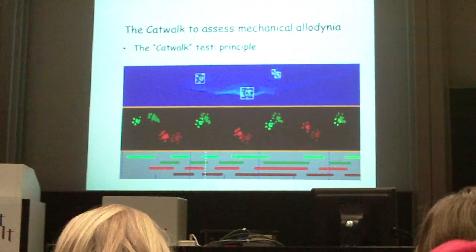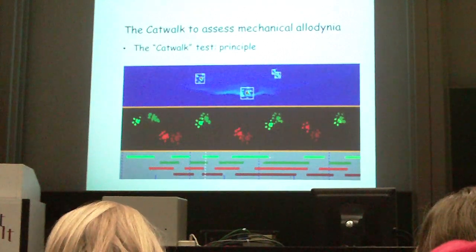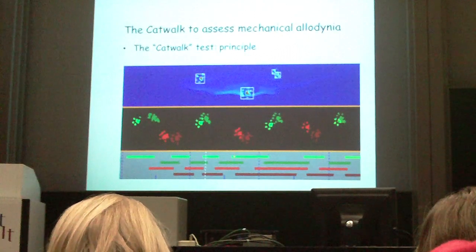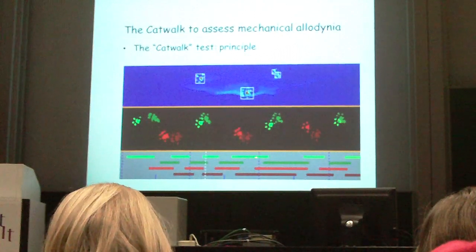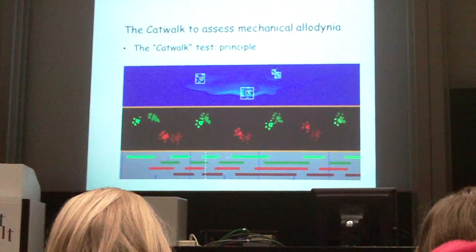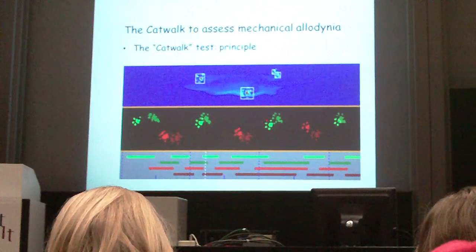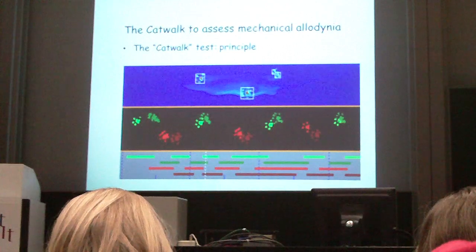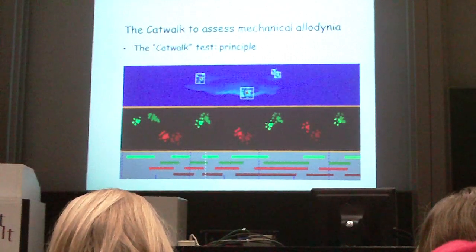And here you see, this is the time a paw has been positioned, or it's not positioned on the glass plate, so it's in a swing phase. You have stand phases, swing phases. You have paw print intensities, and all kinds of things can be measured.